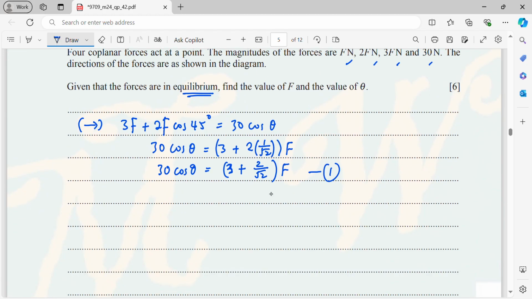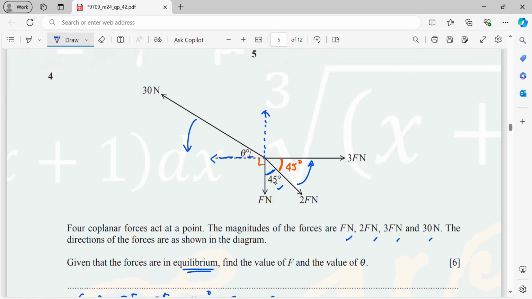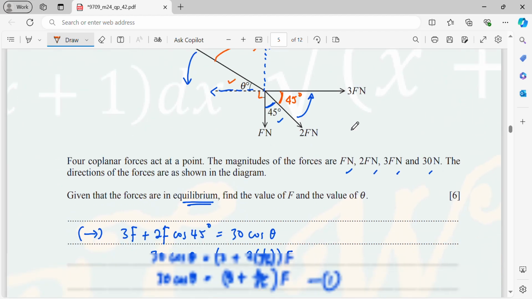Now I will resolve vertically, upwards. When I resolve upwards, this 30 newtons will be resolved upwards by using the alternate angle. Therefore, it is 30 sine theta.